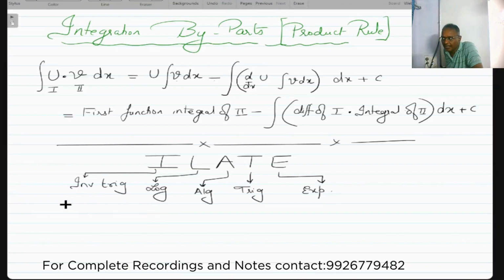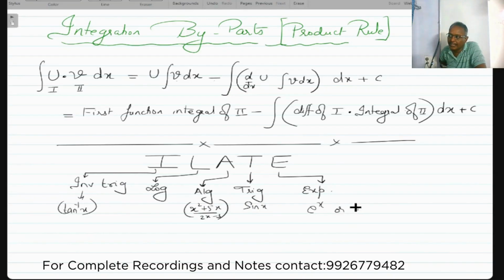Inverse trigonometric का मतलब tan inverse x, sin inverse x ऐसे वाला. Logarithmic function जिसमें log हो जाए. Algebraic function may be say x square plus 5x upon 2x minus 3, any algebra. Trigonometric stands for sin x cos x something. Exponential function means e to the power x or a to the power x form. This is what ILATE rule says.